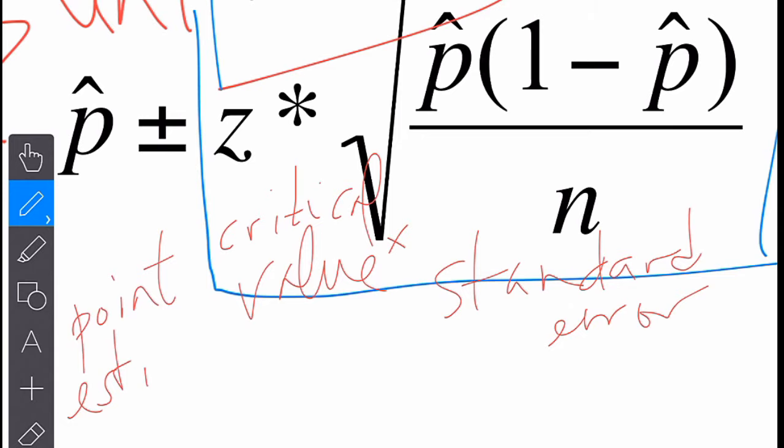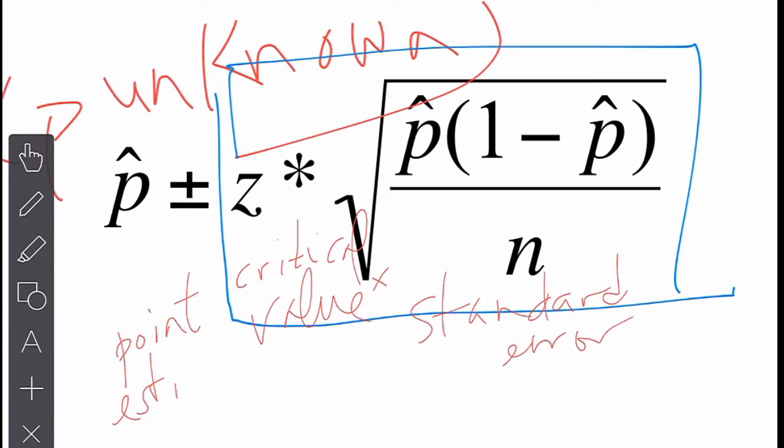This piece that I've squared off also has a name. Anybody know what that name is?